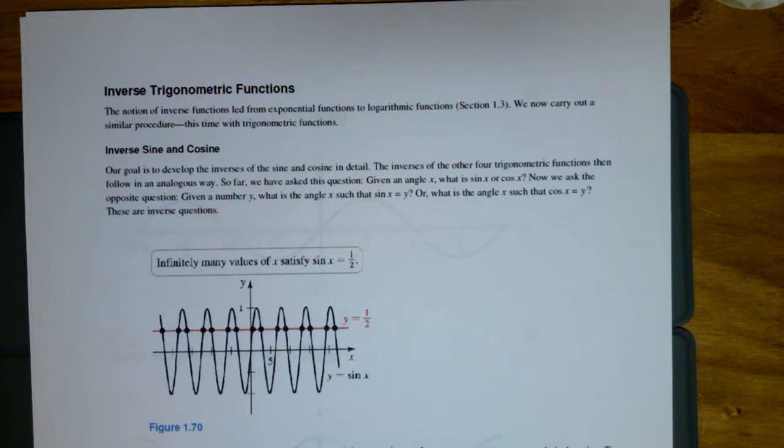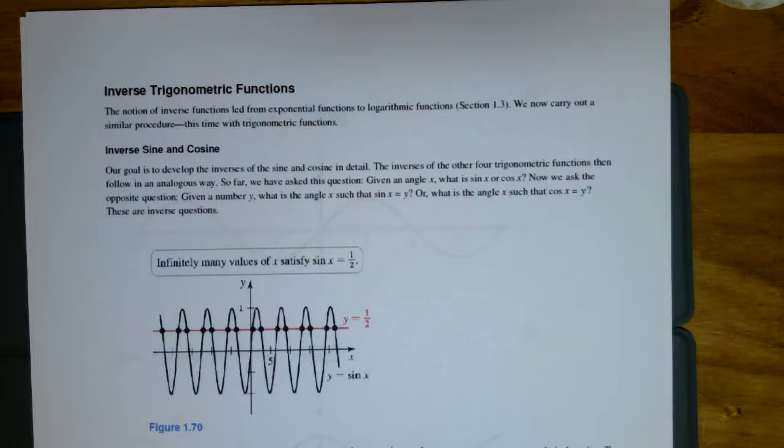So here the notion of inverse functions led from exponential functions to logarithmic functions. In a previous section, we did talk about exponential functions and logarithmic functions. Those two functions are inverses of each other. The exponential function is the inverse of the logarithmic function and vice versa.